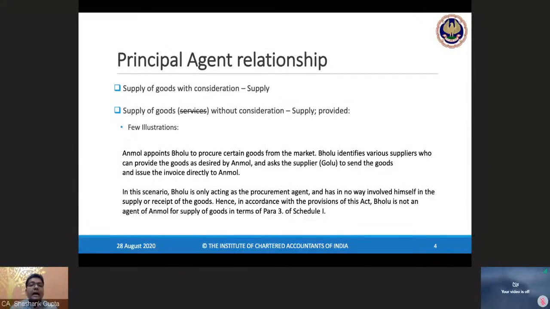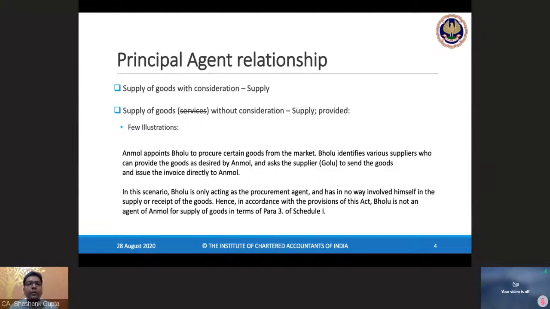Suppose I am a businessman, a principal, and I have appointed 10 different kinds of agents. One is a Del Credere Agent, one is a C&F agent, one is a commission agent, one is a pure agent, one is something else. To all these people I am supplying goods, I am raising my invoice, my agent is the buyer, and I am charging the money.